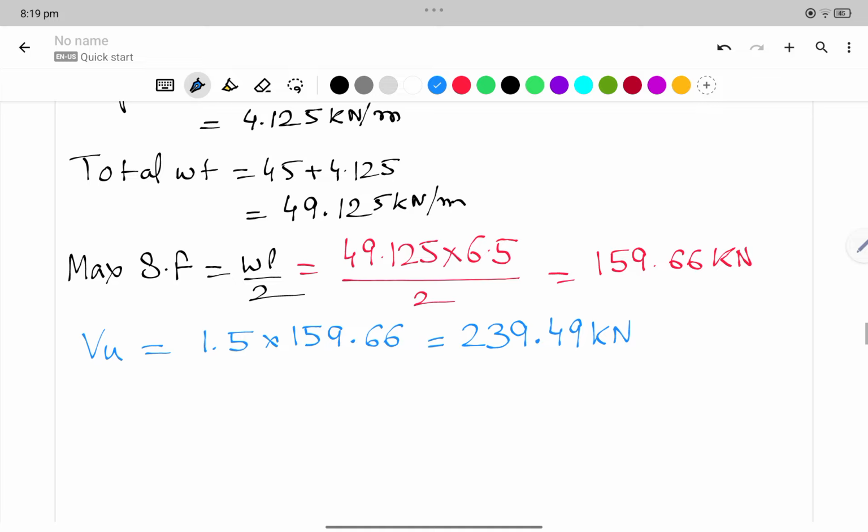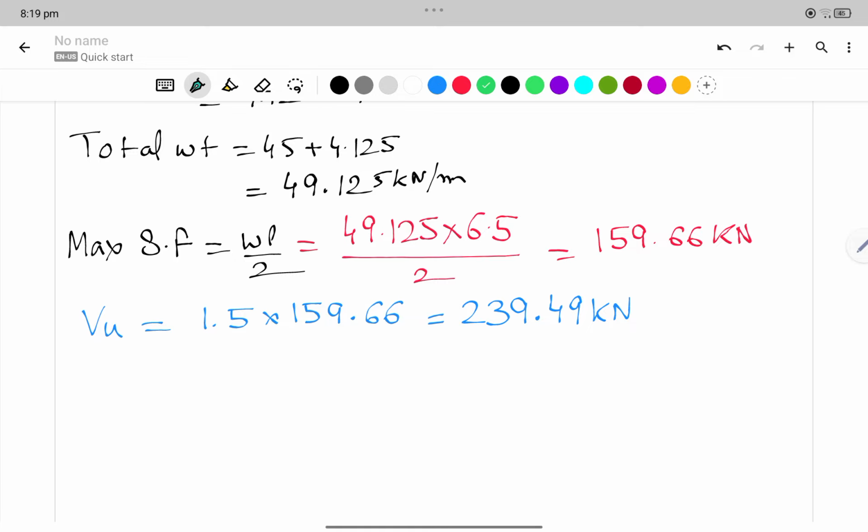Now we will calculate the nominal shear stress of concrete. Tau v is equal to Vu by bd.